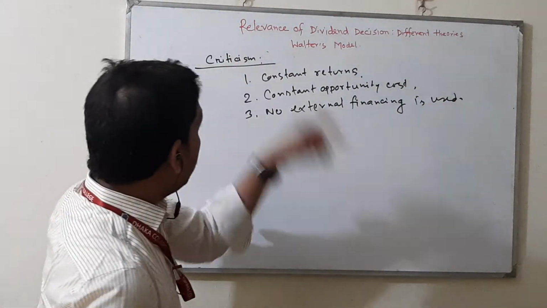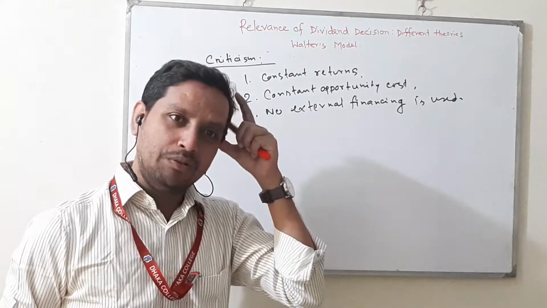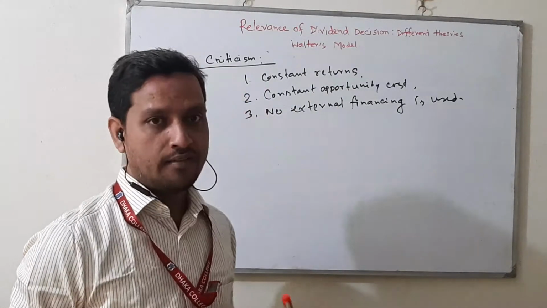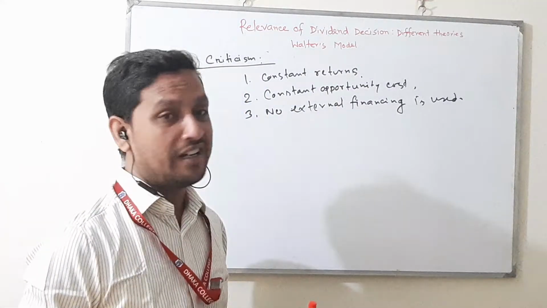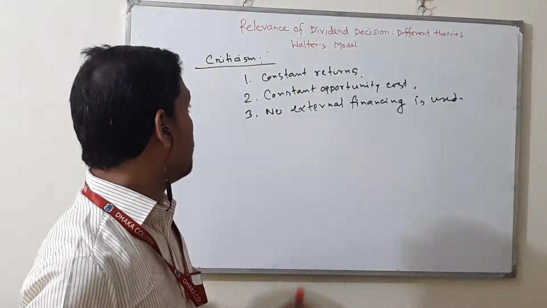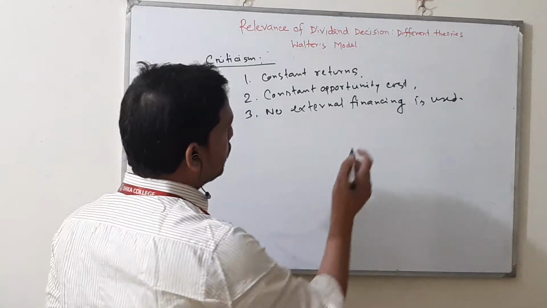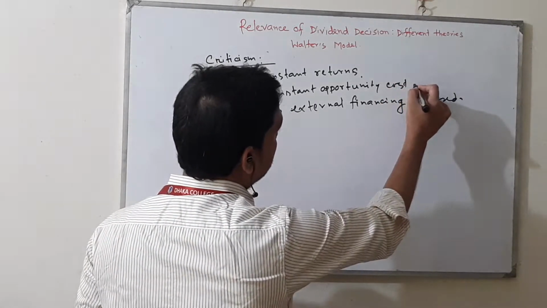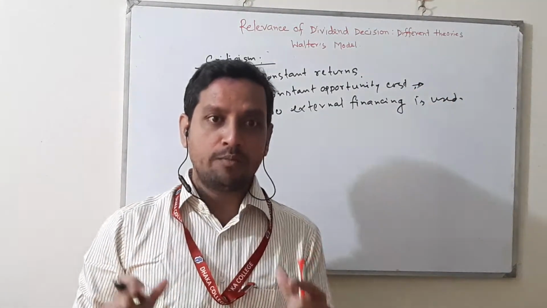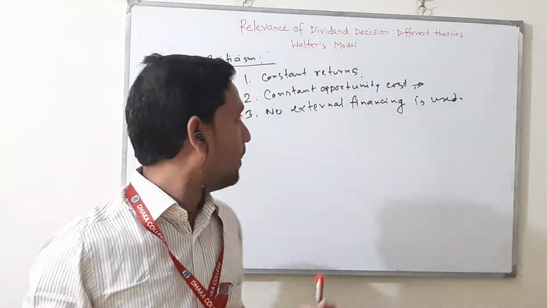So here criticism, constant returns. In reality, we think that there is no constant, I mean fixed returns. Maybe it will be fluctuated, okay? Then two, constant opportunity cost. I mean the opportunity cost or capital cost will not always be constant. It will be changed, maybe. Okay.